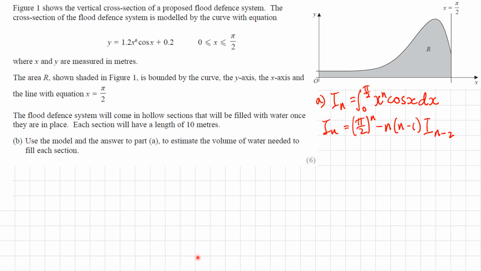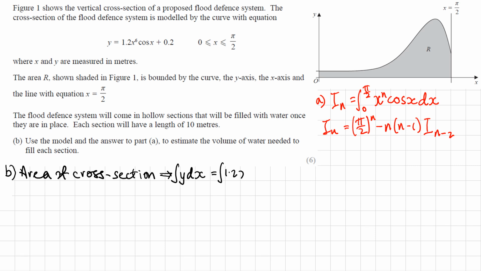Well, the first thing we want is the result or answer from part A, which I've written down here. So I'm going to start by finding the area of this cross section, which is going to be the integral of this 1.2 x to the power 6 cos x dx.